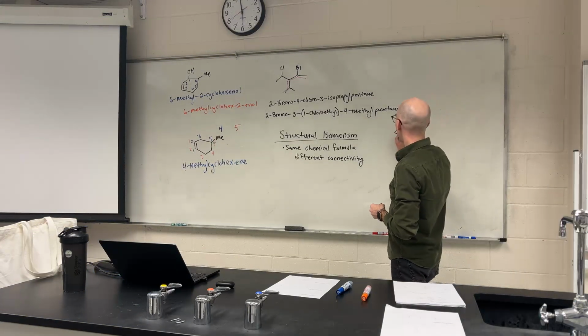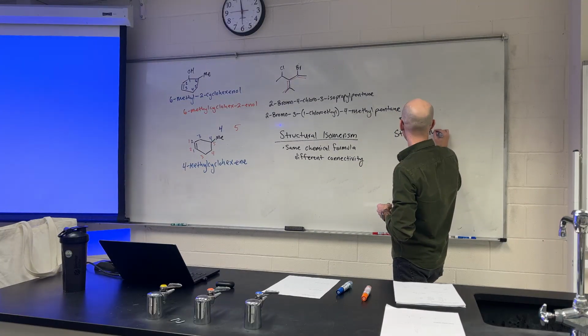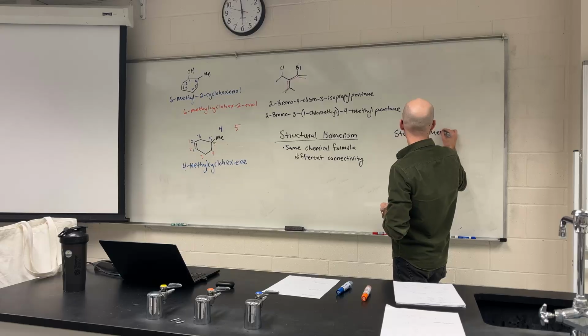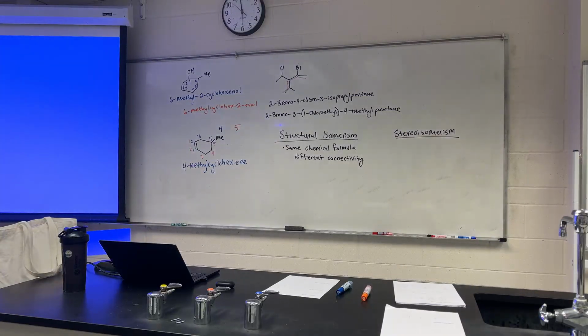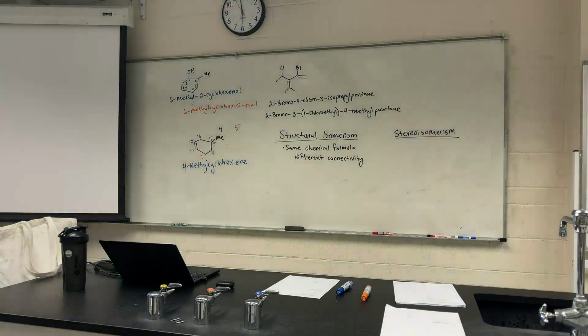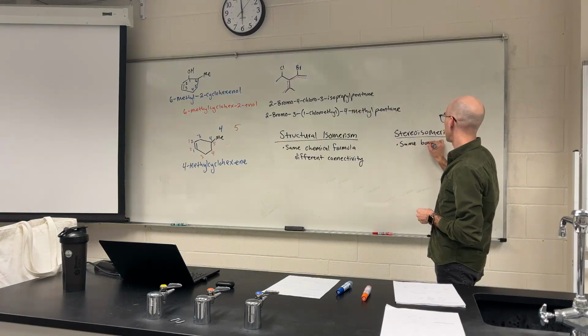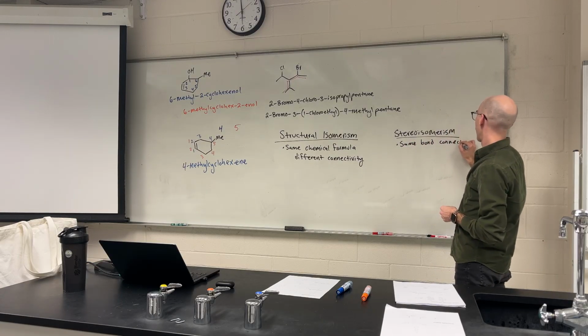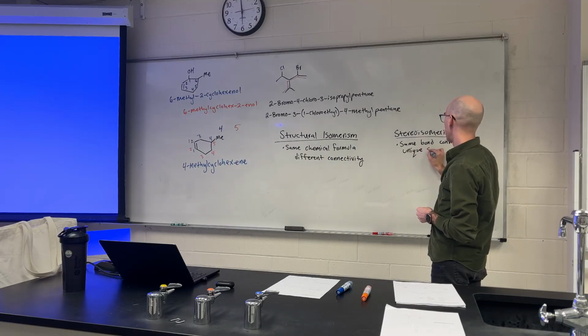But nomenclature can also tell us something about stereoisomers. Stereoisomerism has everything connected in all of the same places, but just arranged slightly differently in space. This has the same bond connections. Unique spatial arrangement.